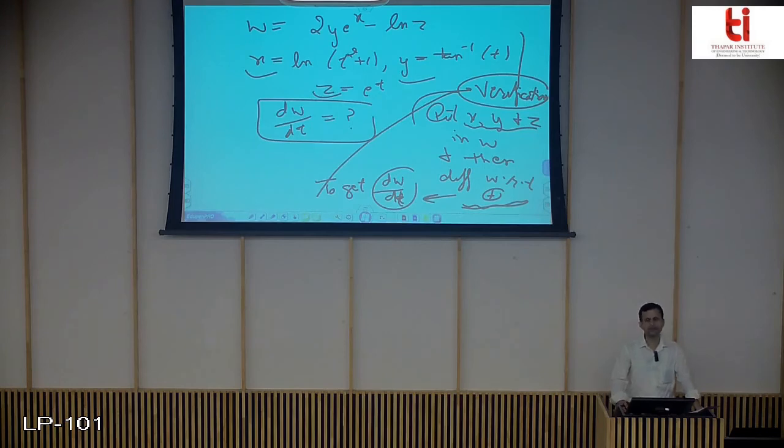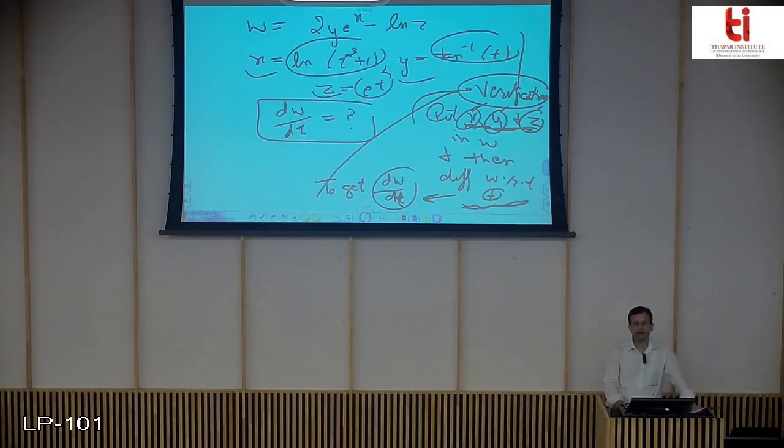Because in most of the cases, the substitution of x, y, z back in w is not that easy. Why? Because the functions x, y, z involved are very complicated. And even in many cases, where the functions x, y, z are given directly in terms of t, in explicit form, it is not necessary that they always will be given in explicit form.